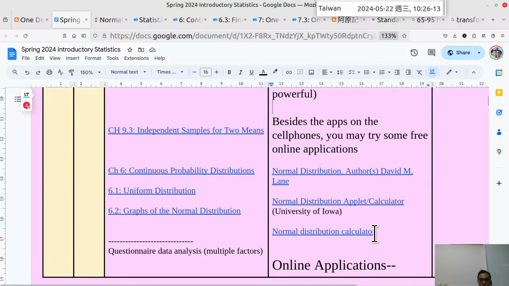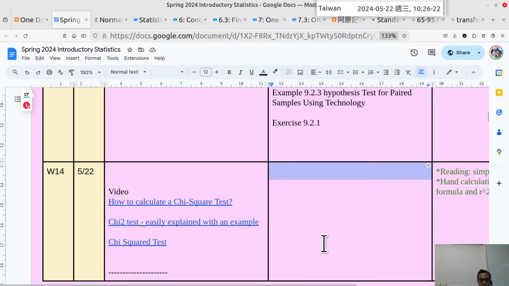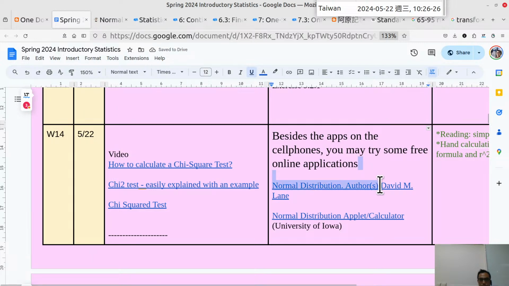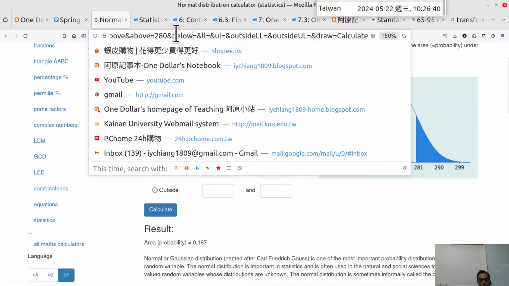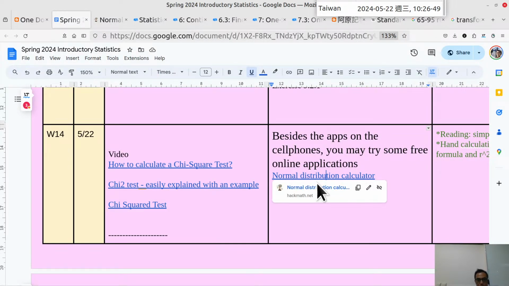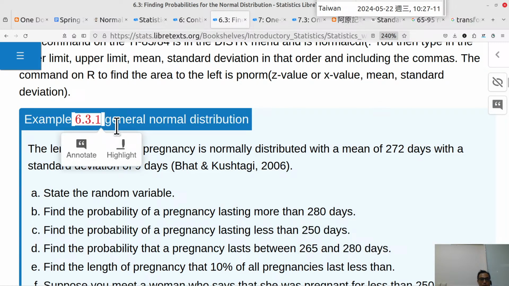We use this website, the normal distribution calculator. Then we use the information from example 6.3.1. Let me copy that to your LINE group, one minute please.